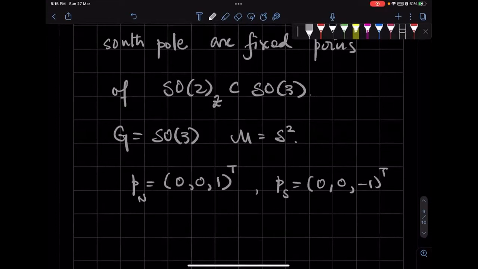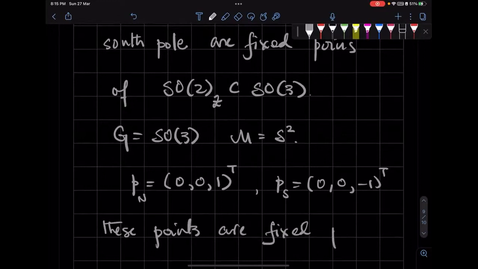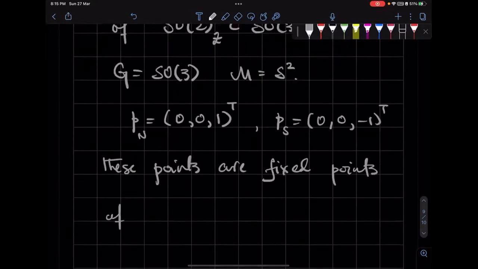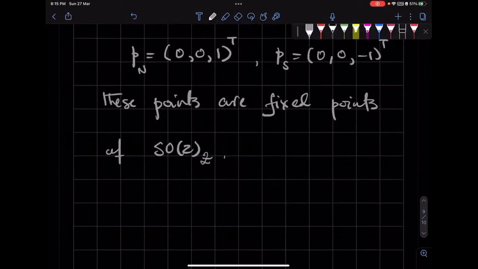And these points are fixed points of the SO2 action, which is the rotation around the z-axis, right? So here we have an action which is not free.